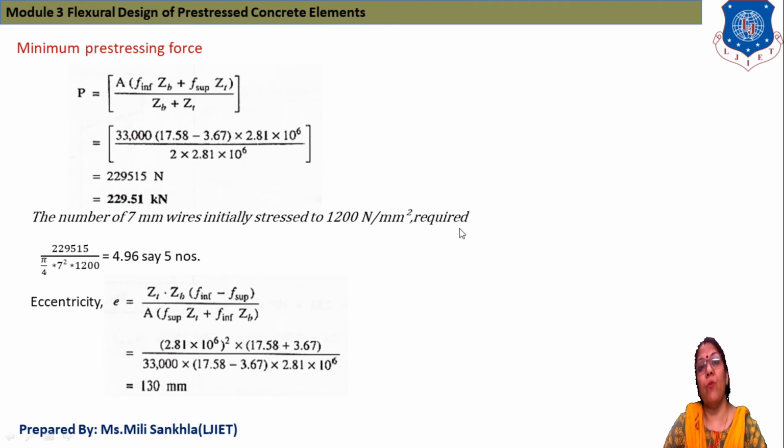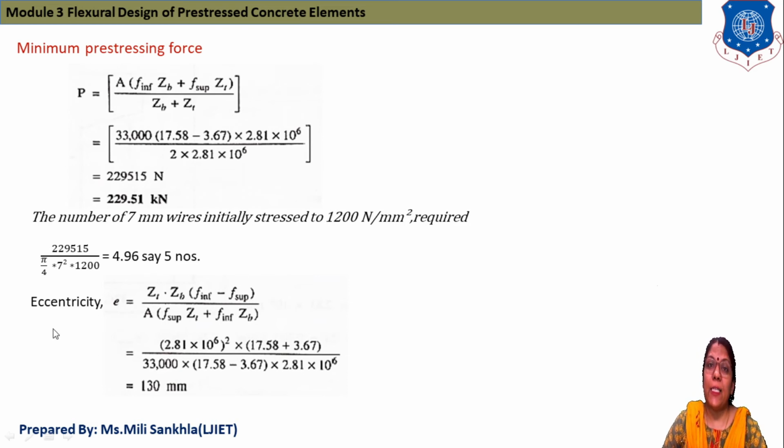So here we find out how many bars are provided. So P provided is 229, so 229,515, P divided by this area, which is pi by 4 d square, and here 1200 stress is given. So the number is equal to 4.96 and rounded off is 5.